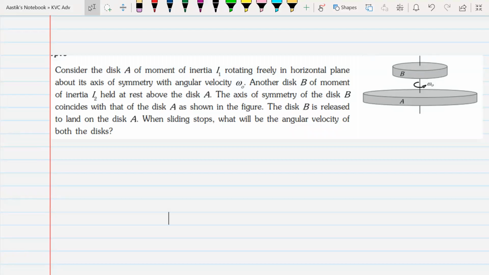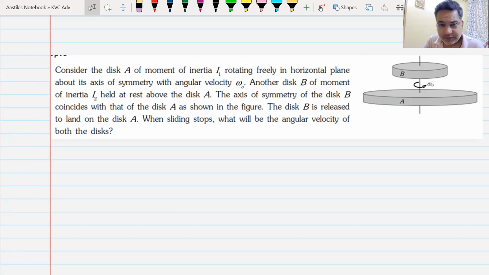Same before formula, sir. You just have to do the same thing again, where whatever is happening between these two discs is happening because of the frictional force. Do you understand this?